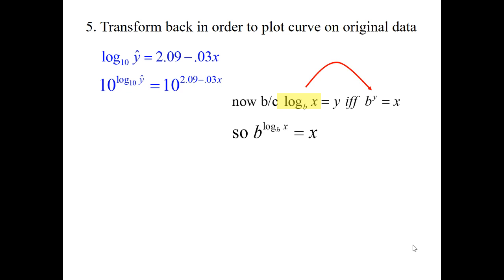By using this rule, b to the power of log base b of x equals x. So 10 to the log base 10 of y hat equals y hat. On the other side, I still have 10 to the power of 2.09 minus 0.03 to the x.